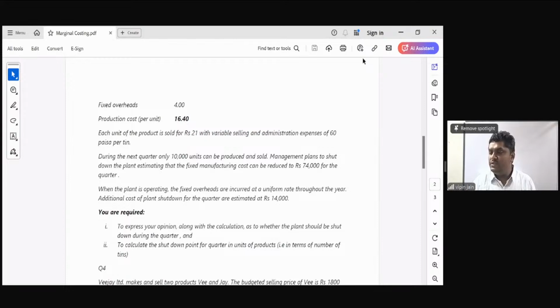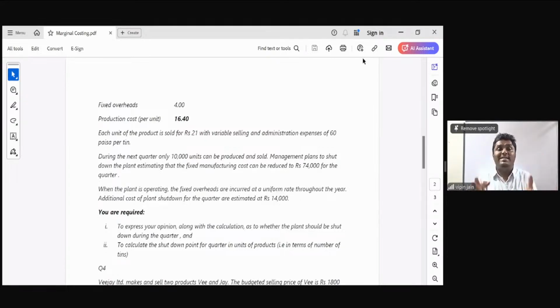You can download these notes from the portal. So again, the question talks about the quarterly data, first thing. Second thing, if you shut down the plant, you can reduce your fixed cost to 74,000 for the quarter. Further, if you shut down the plant, there is an additional cost also of 14,000.